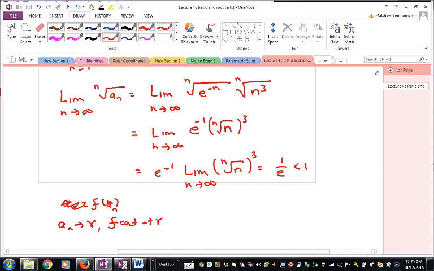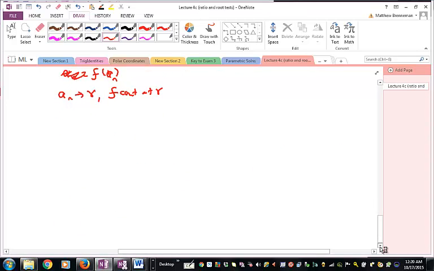Let's maybe do one more. Okay. This is a kind of hard-looking one. Suppose, for example, we wanted to look at this series. Again, the fact that we see a power suggests we should use the root test. So if we try the root test, it's going to be the nth root of n.